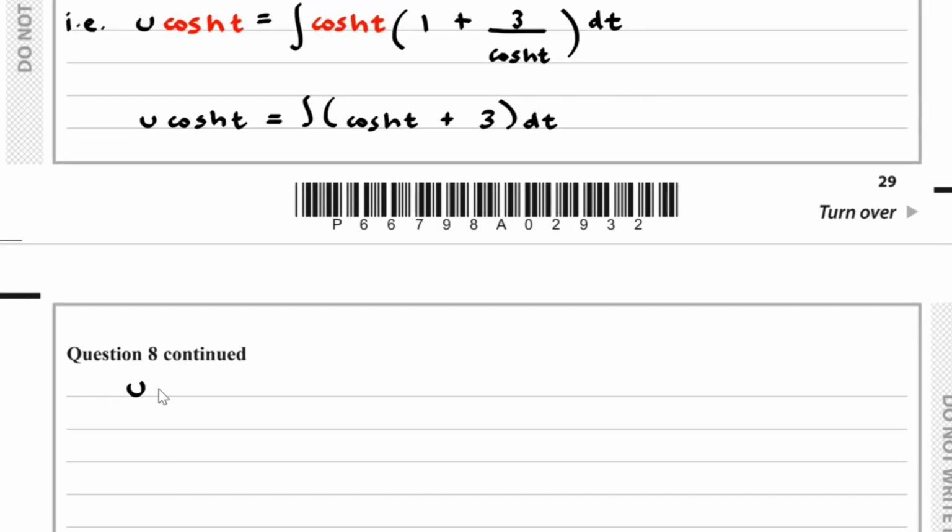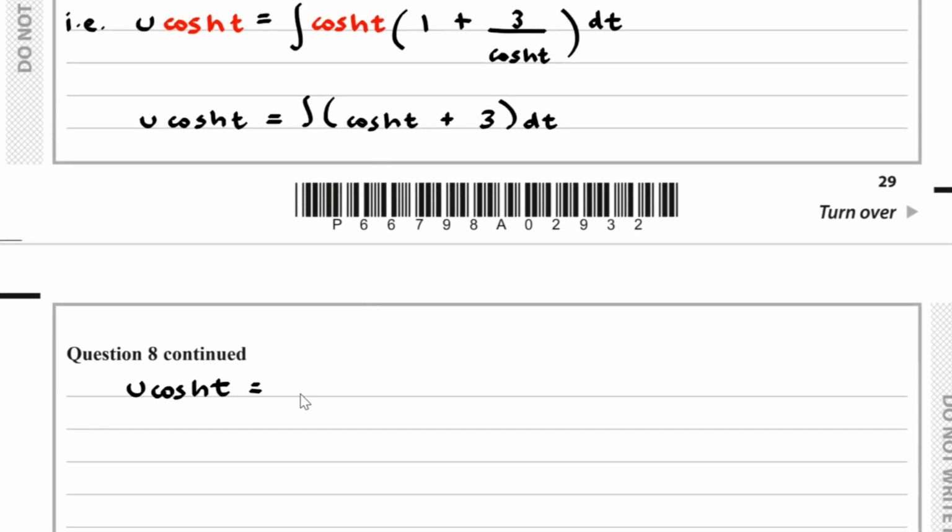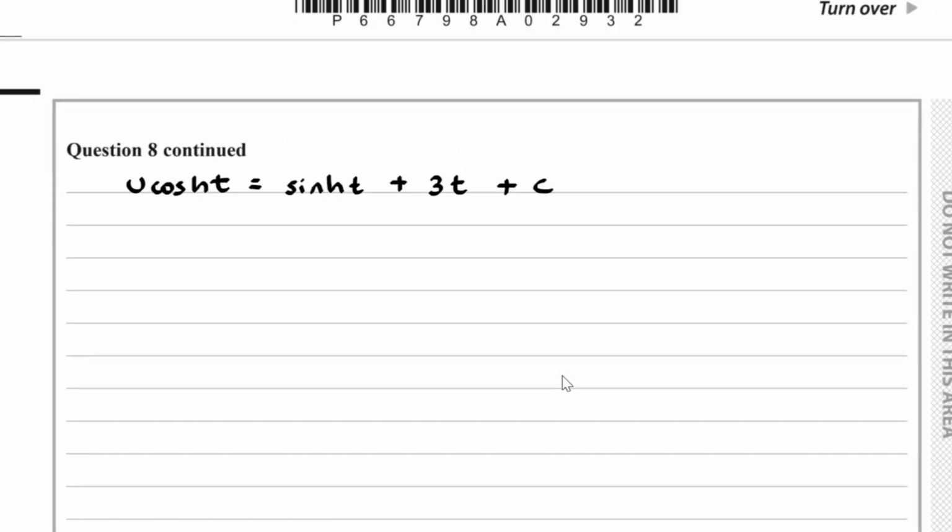So I've got u cos t equals, well, if I integrate cos, I get sine. And if I integrate 3, I end up with 3t, and then I add on a constant c.